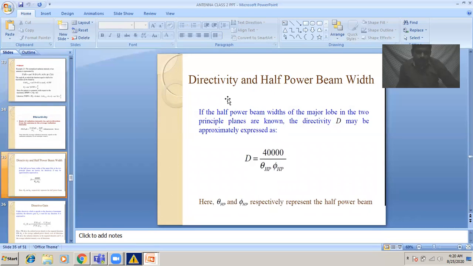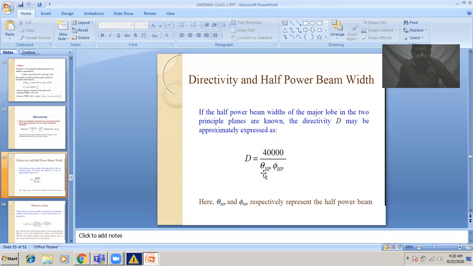So, the relation between directivity and half power beamwidth. Generally this beamwidth is measured in two planes. One is in the horizontal plane and one is in the vertical plane. In the horizontal plane, if you measure, this is phi of HP. This is theta of HP. HP means half power beamwidth.